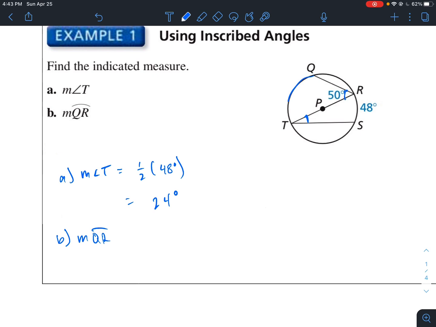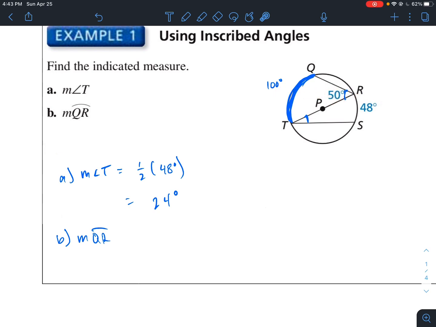And this arc has to be double it. So I know that this arc has to be 100 degrees, because that's the relationship between an intercepted arc and inscribed angle. The relationship is half or double depending on which way you're looking at it.